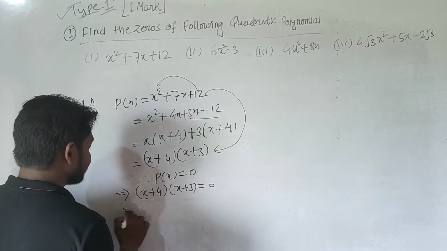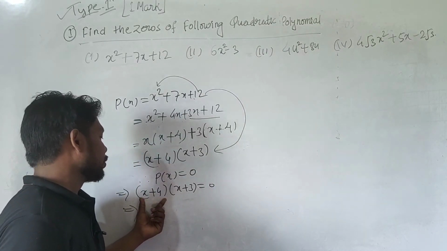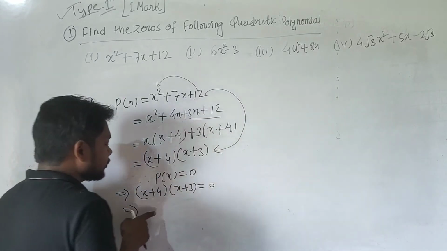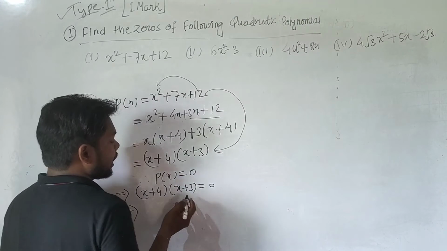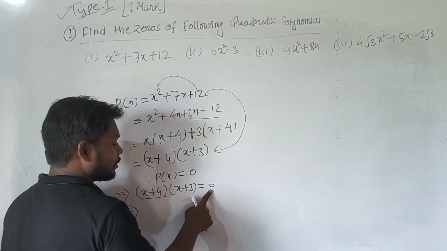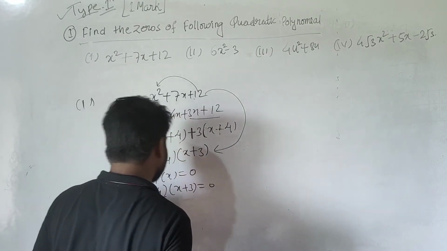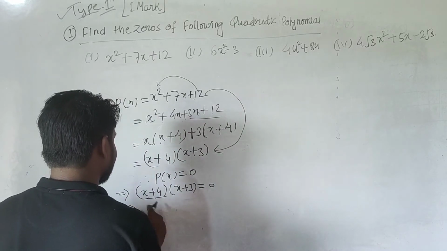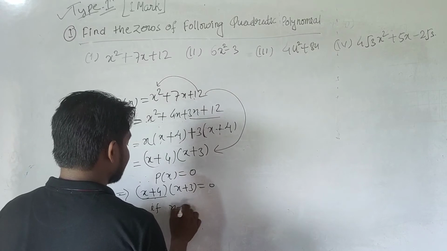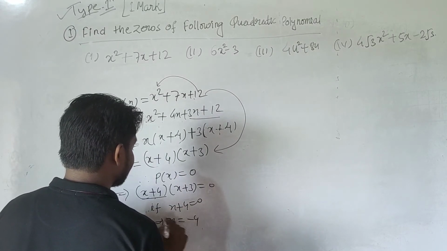This implies, because both the terms are in product form, either this term will be equal to 0 or this term will be equal to 0. If x plus 4 equal to 0, this implies x equal to minus 4.